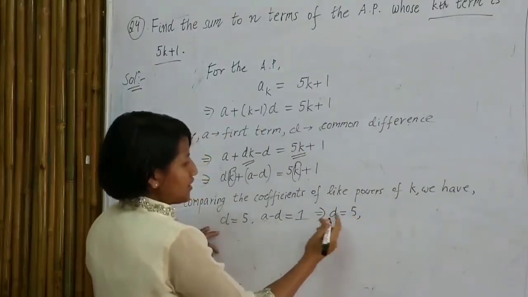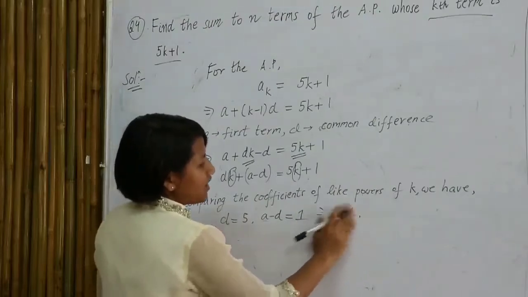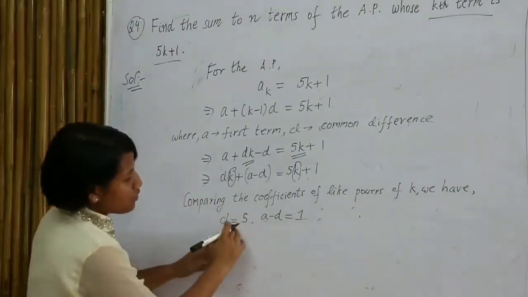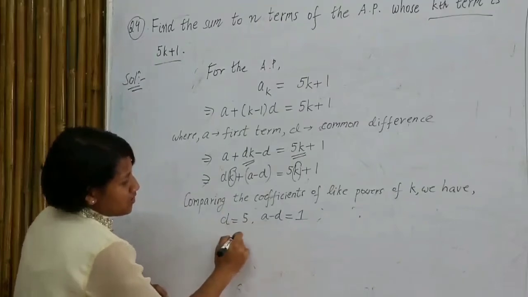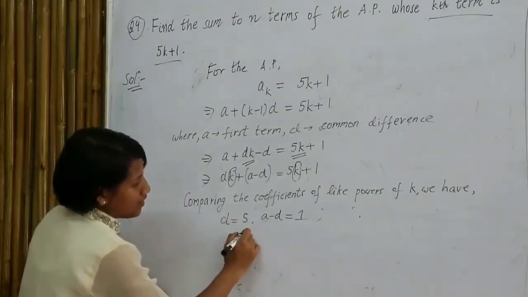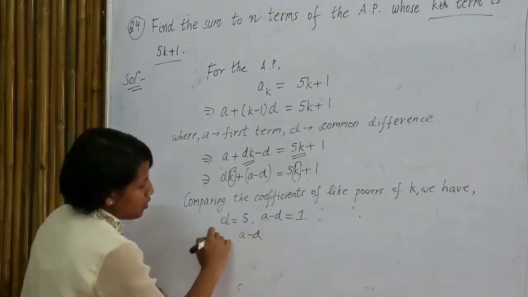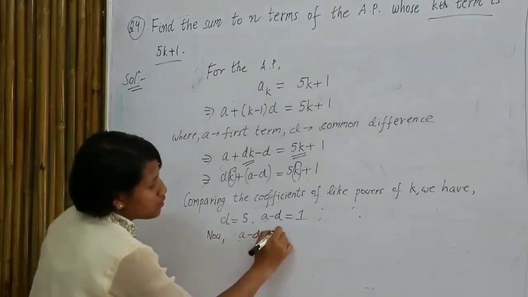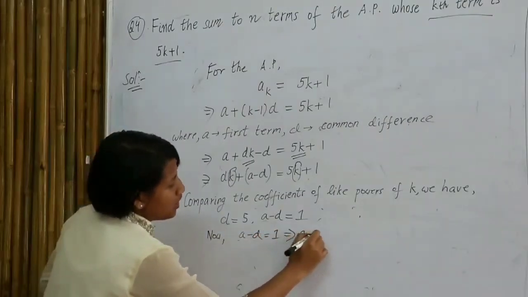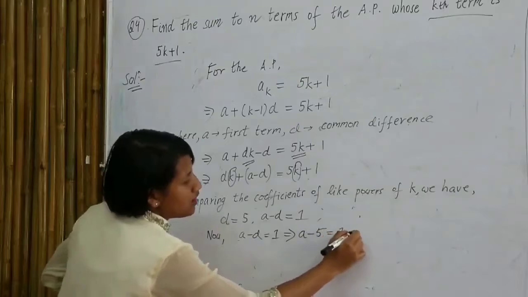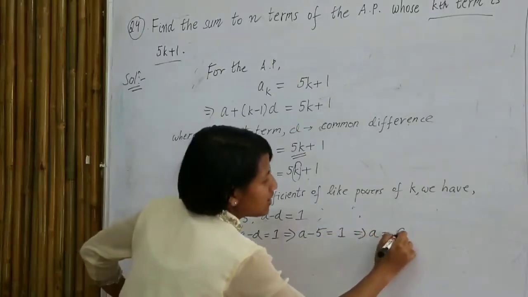Okay, d is already 5, so we substitute this here. Now a minus d is equal to 1, so a minus 5 equals 1, so we have a to be 6.